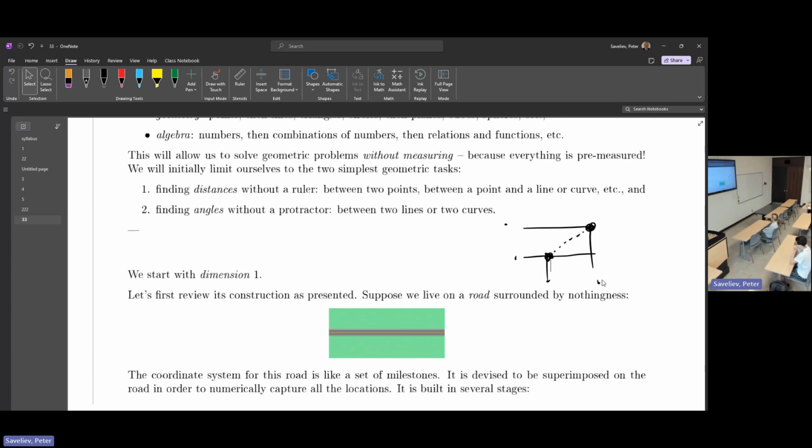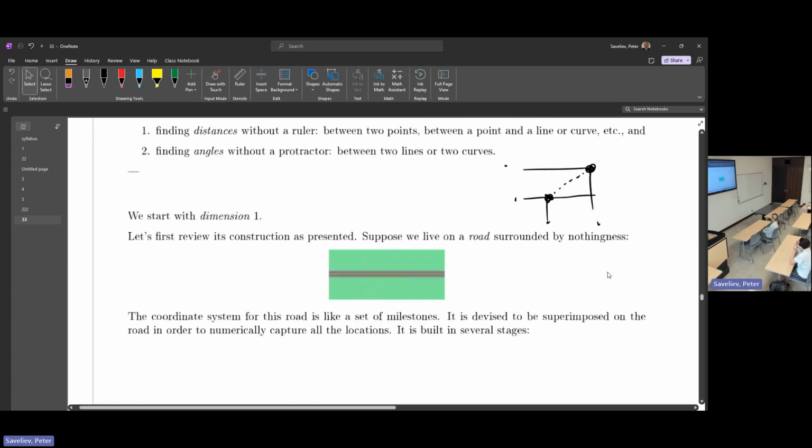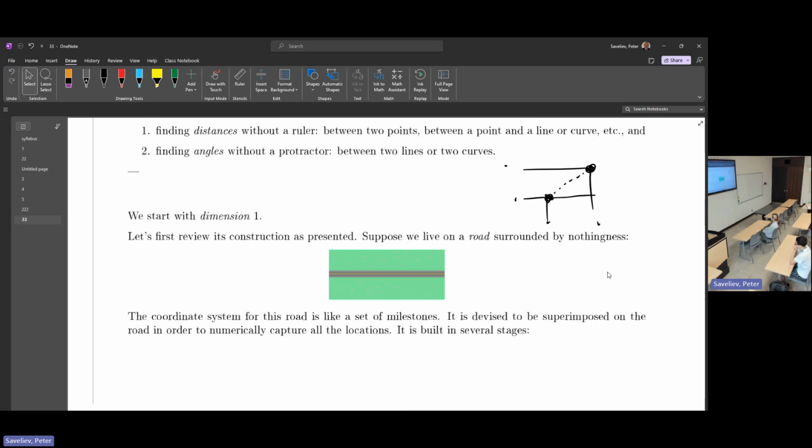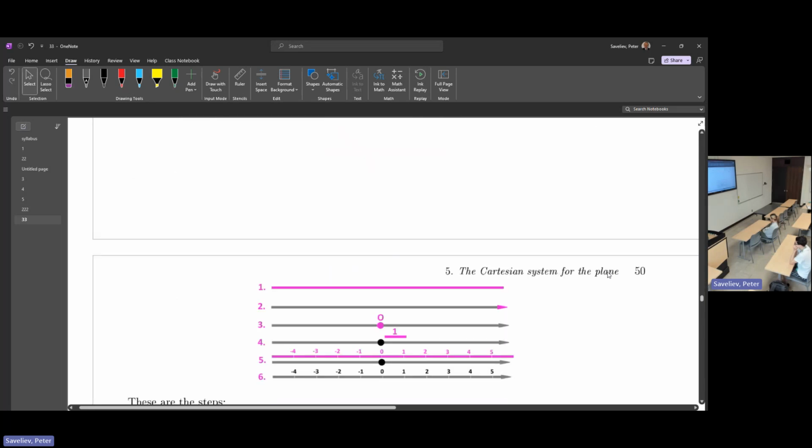So in dimension 1, things are way simpler, but we start with them because, just like algebra is made of two axes to produce the plane, the same story happens with geometry. So milestones, and that's the construction of how you can create the real number system.